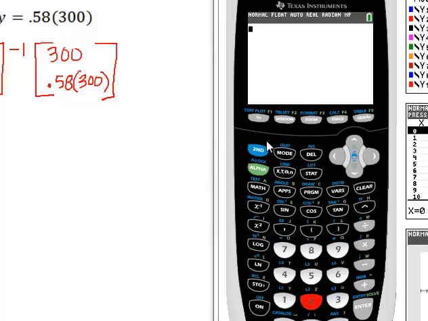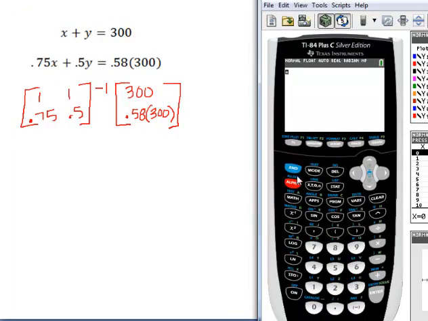So come over here to your calculator and remember how we type this in. I'm going to go to alpha, zoom. There's my matrix. It's a 2 by 2, so that's good. I'm going to hit OK now. And there's my matrix. Then we type it in: 1, scroll over, 1, scroll over, 0.75.